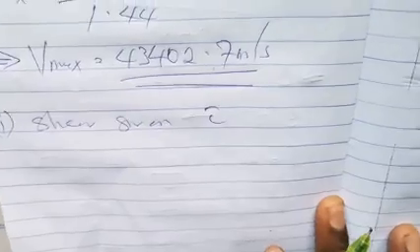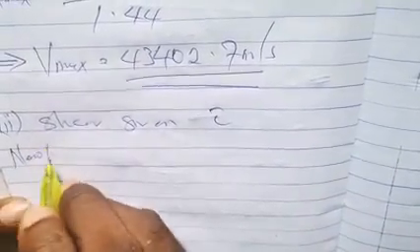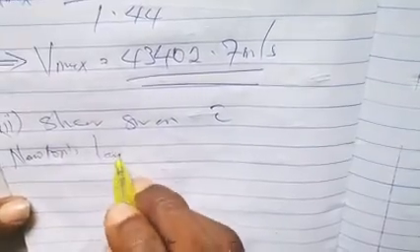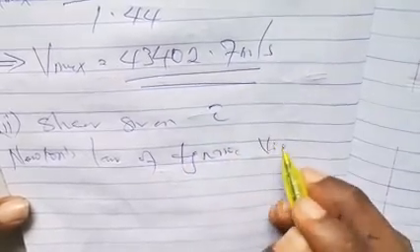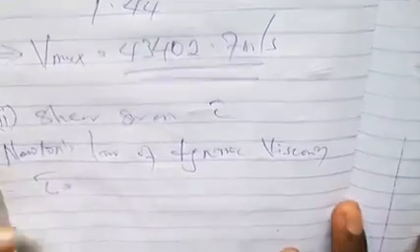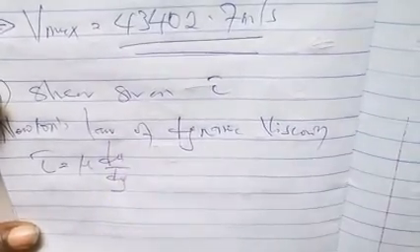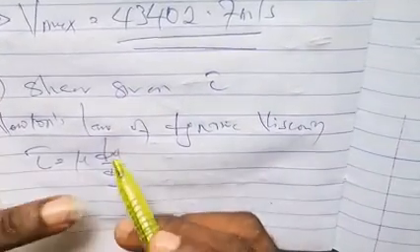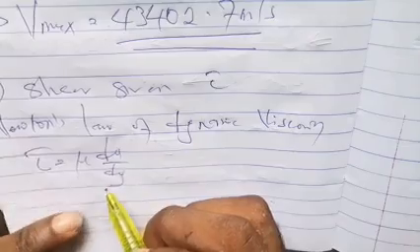So we employ Newton's law of dynamic viscosity, and from Newton's law of dynamic viscosity, shear stress tau is given as mu du over dy, where du/dy is the velocity gradient. du means change in velocity, dy means the thickness.